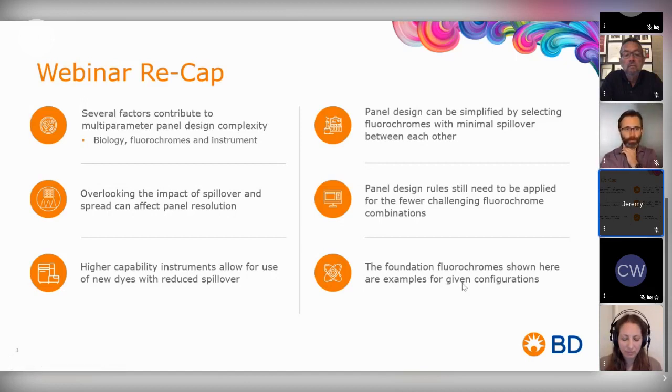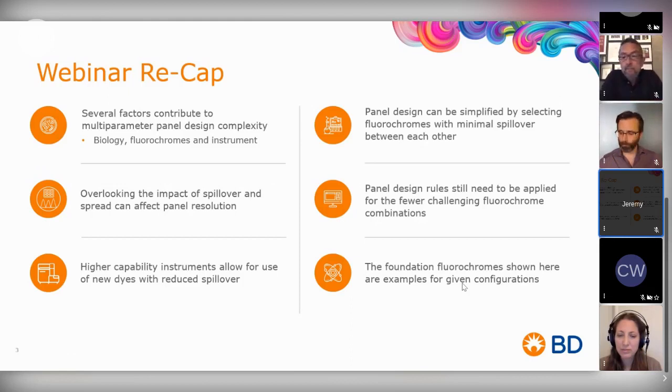So just as a summary of what we discussed at the previous webinar, we discussed how several factors contribute to the complexity of panel design for multi-parameter flow cytometry, including the biology, the fluorochromes, and the instrument. We specifically focused on spillover and spread as one of the major factors that affect panel design.